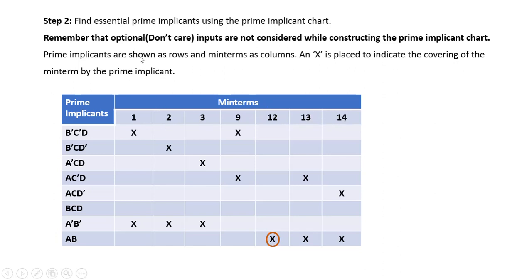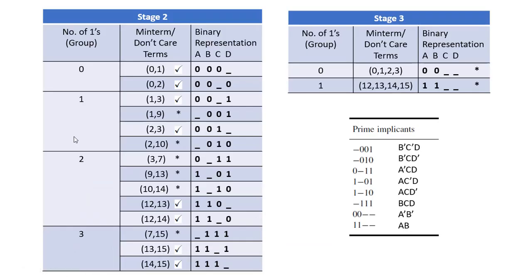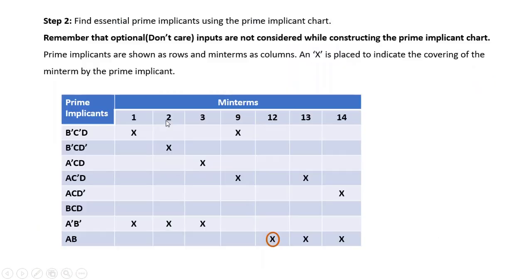So prime implicants are shown as rows and minterms as columns, and X is placed to indicate the covering of the minterm by the prime implicant. Now we will place a cross under the minterms which are covered by this particular prime implicant. So B bar C bar D covers 1 and 9.